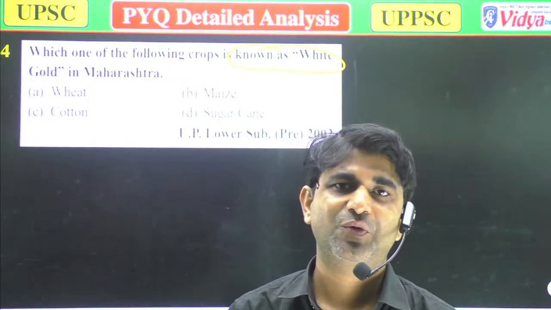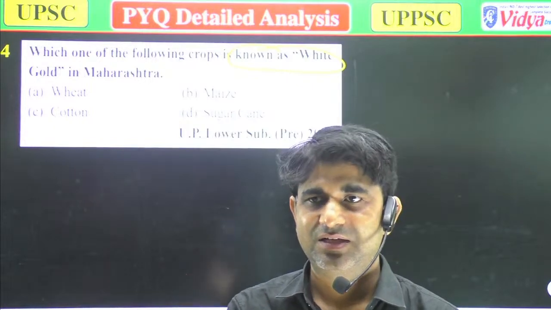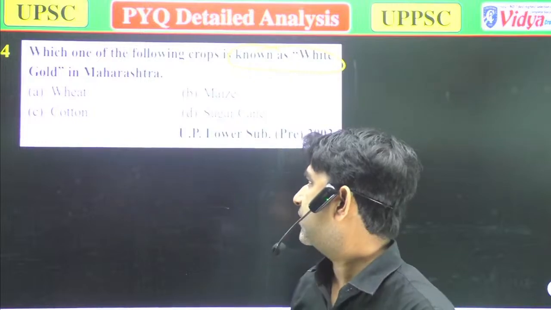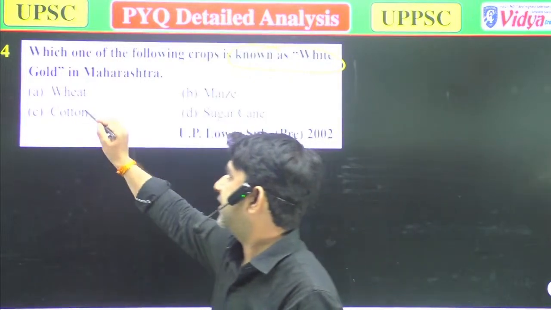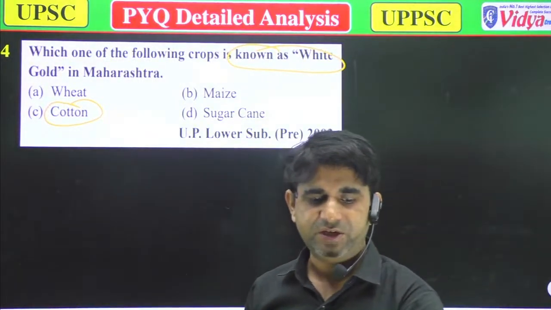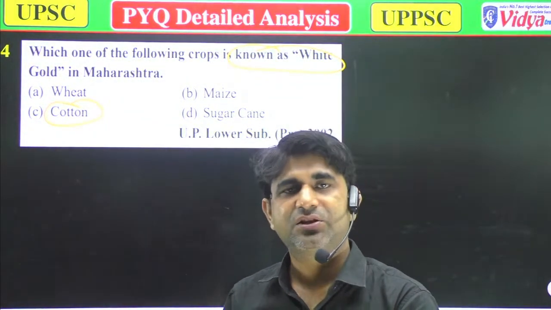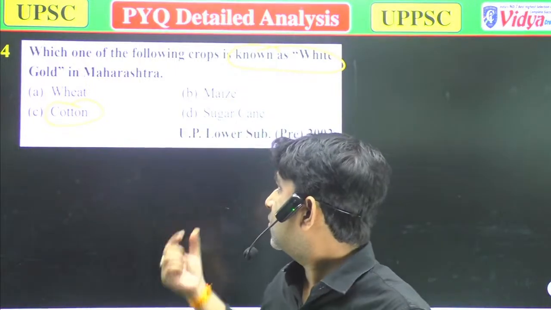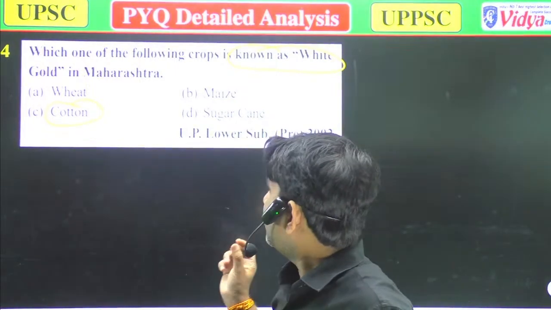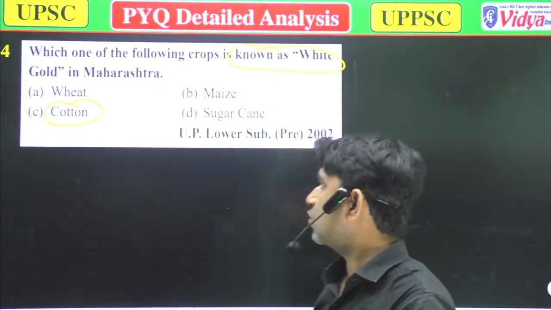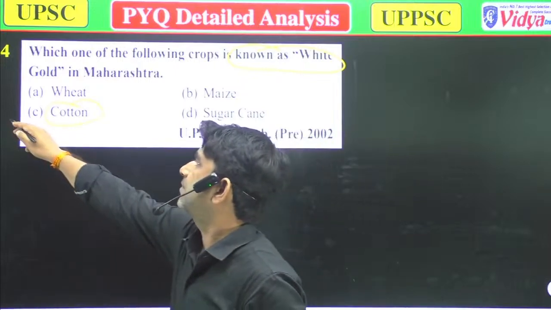For your good information, the cotton is extracted from the cotton seeds, so you should remember that. So we have option C, because in Maharashtra the area of cotton is increasing, and the production is also increasing. So we can say that cotton is known as white gold in Maharashtra. So option C is correct.